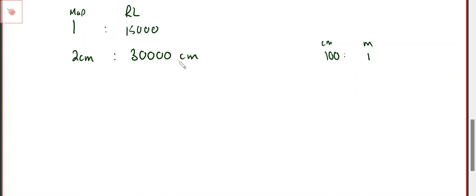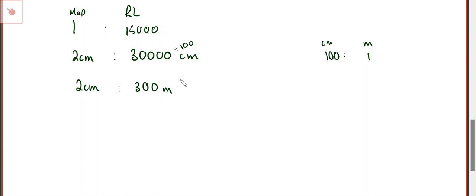So if we divide by 100, we get 2 centimetres on the map is actually 300 metres in real life. And that's a bit more understandable, isn't it? 300 metres in real life.